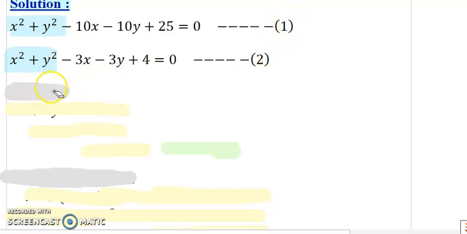Either one will do, and in my solution I'm using equation 2 minus equation 1.